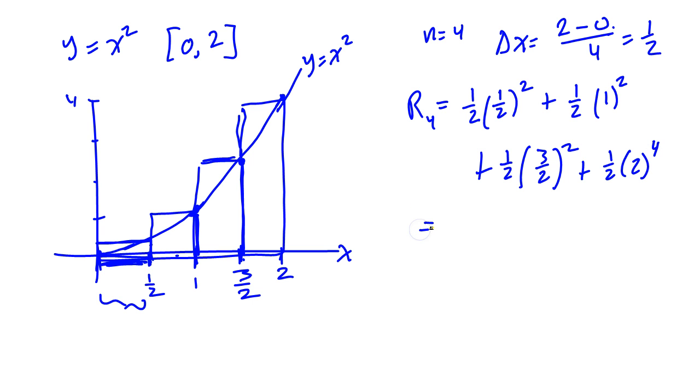So I end up with an estimate of, what do we have? 1/2 times 1/4, that would be an eighth, plus 1/2 times 1, that would be a half, plus 1/2 times 9/4, that would be 9/8, and then 1/2 times 4, that would be 2.